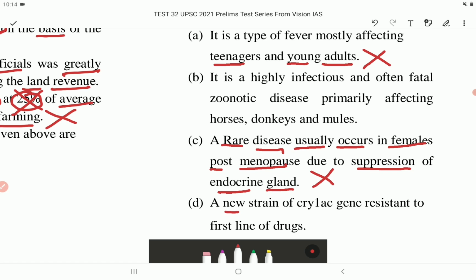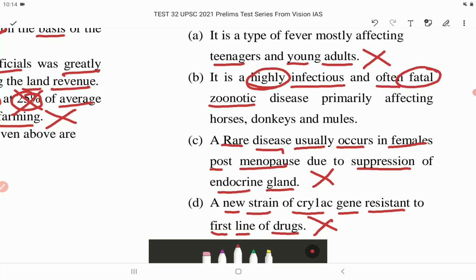Option D. A new strand of Cry1AC gene resistant to first line of drugs. Incorrect. Option B. It is a highly infectious and often fatal zoonotic disease, primarily affecting horses, donkeys, and mules. This is correct. So option B is the correct answer.